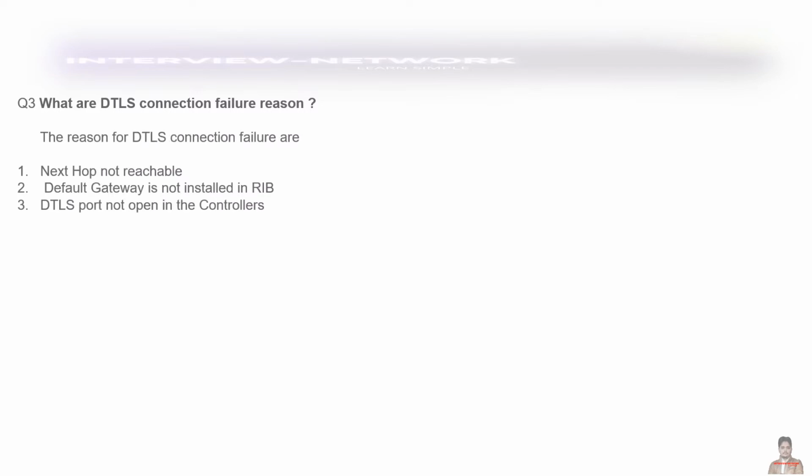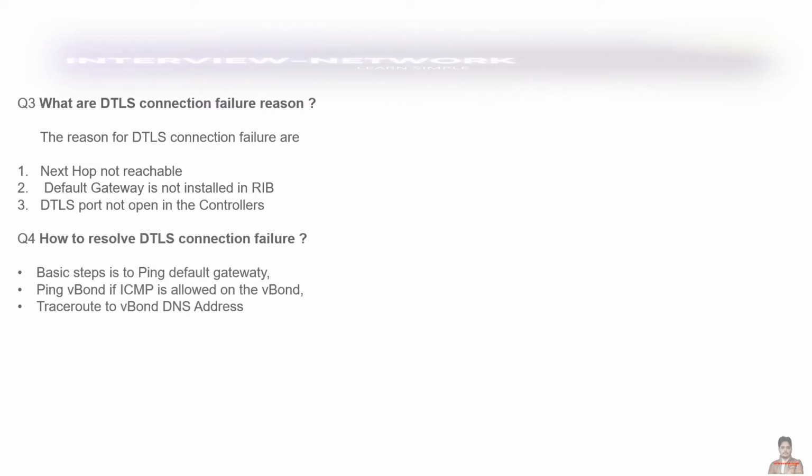Now what are the reasons? Number one, next hop not reachable. Number two, default gateway is not installed in the routing table. And number three, DTLS port not open in the controller. These are three important aspects you should take care of when you figure out there's a DTLS connection failure when you run the command on the edge boxes.